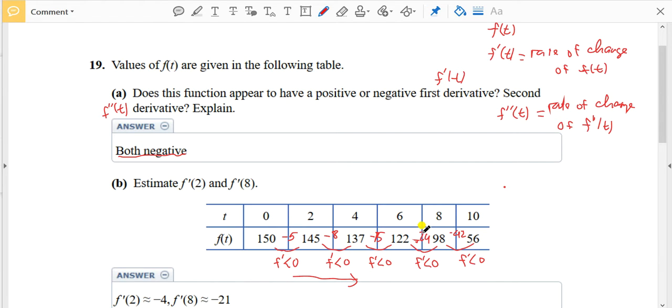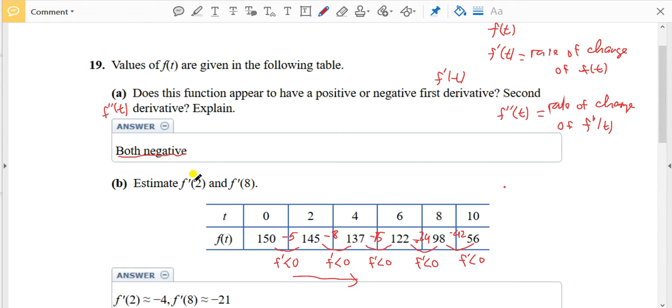So that tells you the second derivative is negative. That's how you find the second derivative, or f double prime, to be negative, because the negative number keeps getting larger and larger to get to the next one.